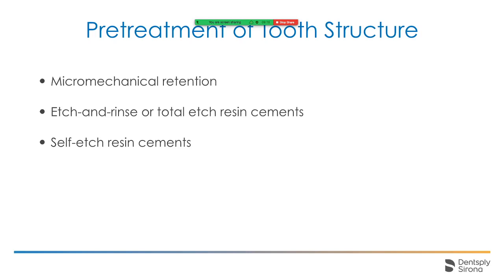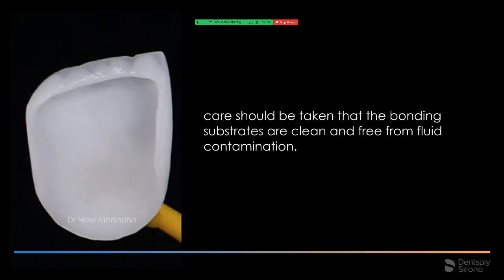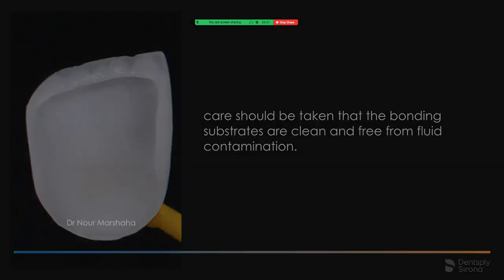Some cements use etch-and-rinse adhesive systems, and some cements are self-etch resin cements. Newer cements are named self-adhesive cements. Care should be taken that the bonding substrates are clean and free from fluid contamination.